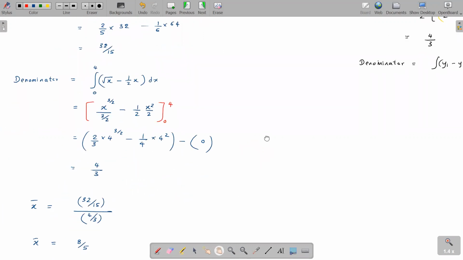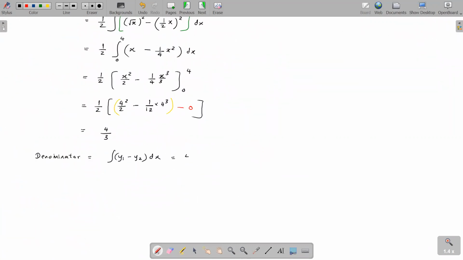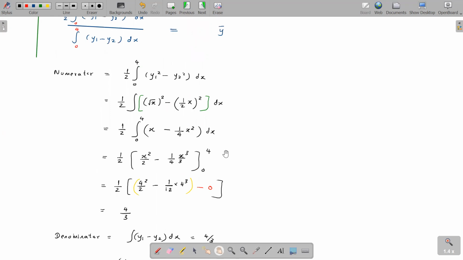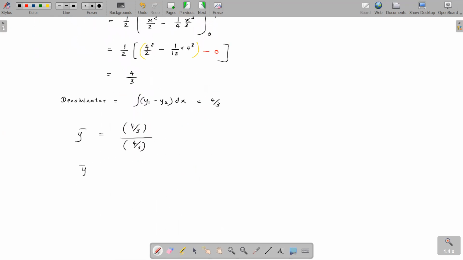We don't need to find it again. So now let's find y bar. The numerator is 4 over 3, divided by the denominator, which is also 4 over 3. So y bar will be 1. Your y bar answer is equal to 1.